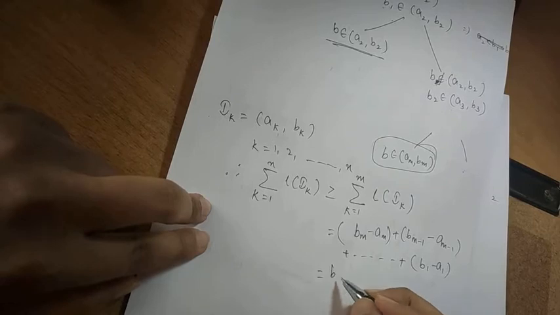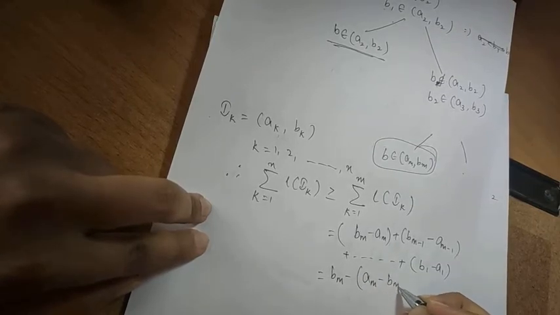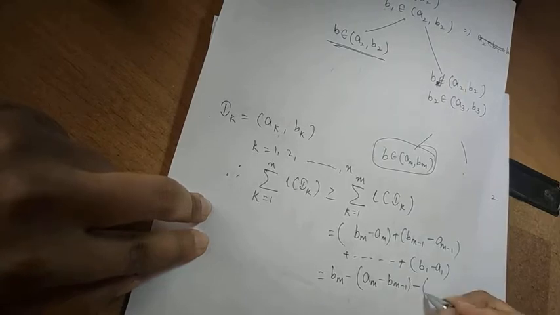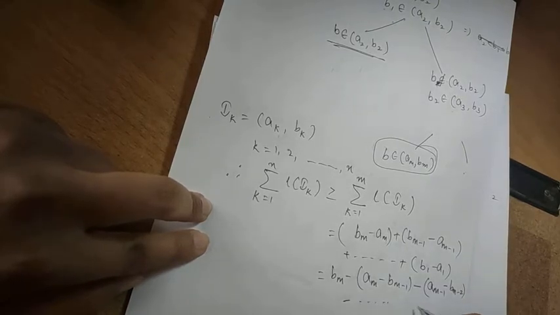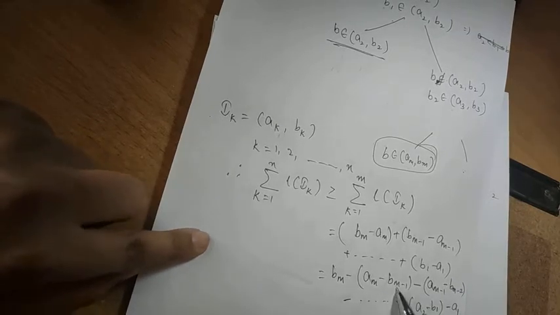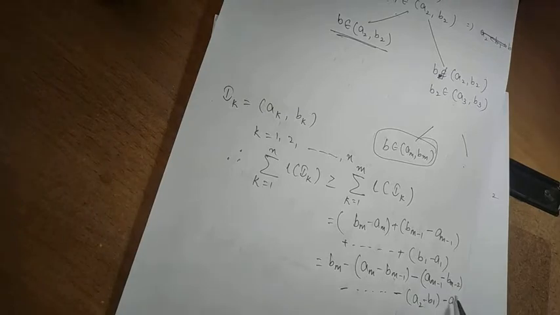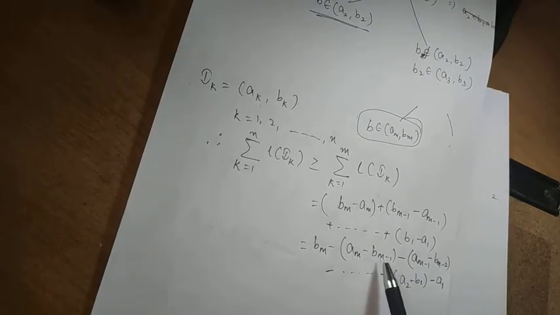I can write this as bm minus (am minus b(m minus 1)) minus (a(m minus 1) minus b(m minus 2)) minus so on minus (a2 minus b1) minus a1. Here am minus b(m minus 1), a(m minus 1) minus b(m minus 2), a2 minus b1 give negative values.